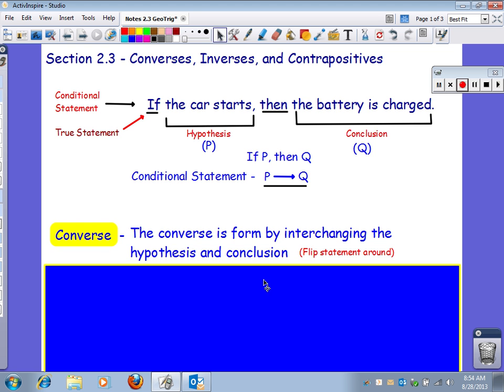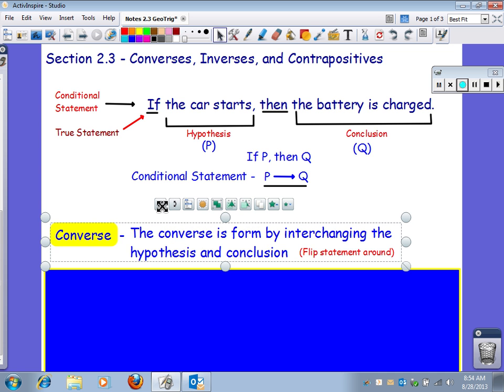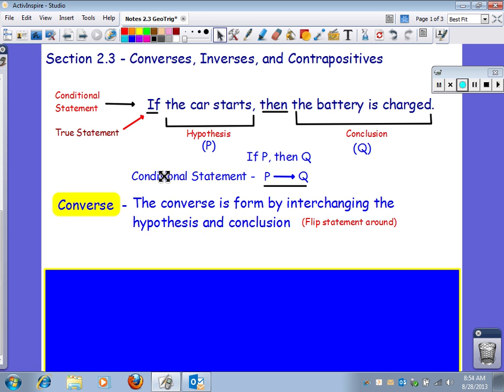Now the converse of a statement is formed by interchanging the hypothesis and the conclusion. If you interchange them, that means if you flip the statement around. I wrote that in parentheses here. If you flip the statement around, you make the converse. We're going to continue to use the battery in the car statement all the time in our notes, up until the very last one.